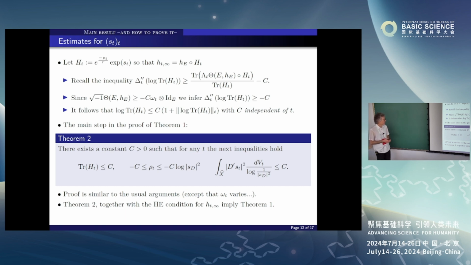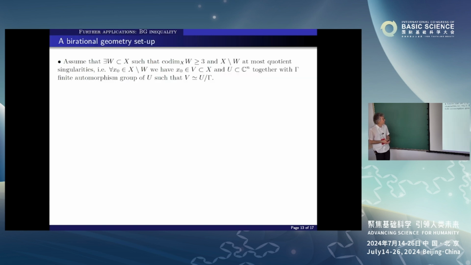Fine. So I will stop here with theorem 1. And then let's go a little bit farther. So for the moment, we only considered a space which is a normal compact Kahler analytic space. Now let's say something about the following more refined situation, where there is some set of codimension at least 3, such that in the complement the singularities are at worst quotient.